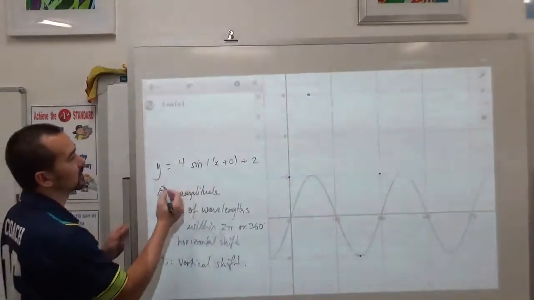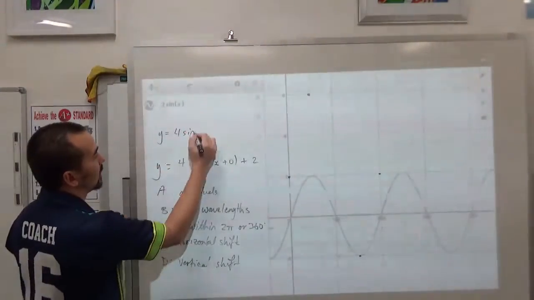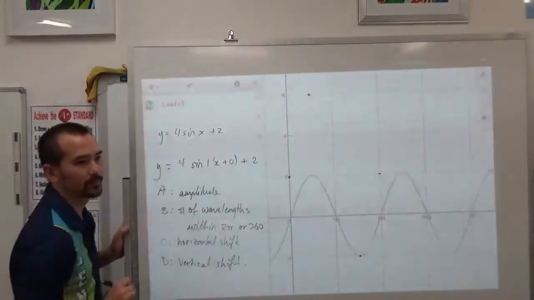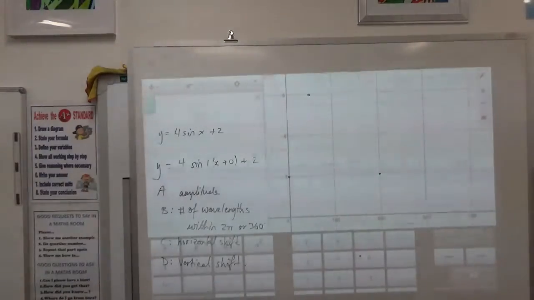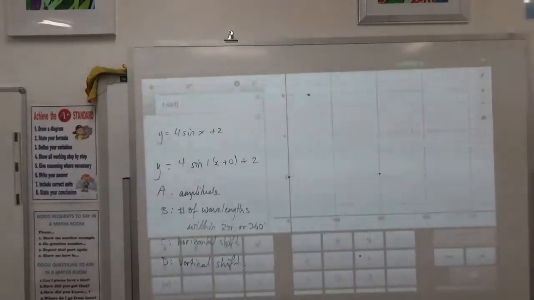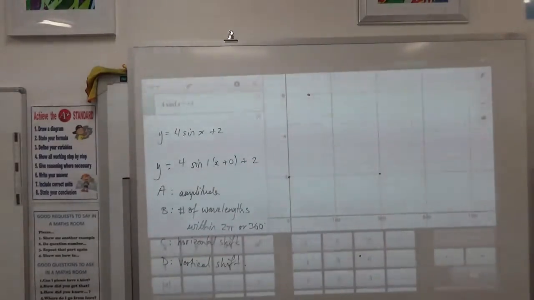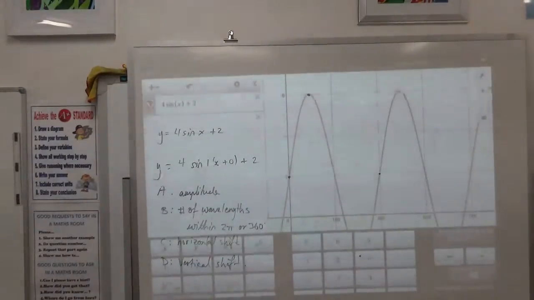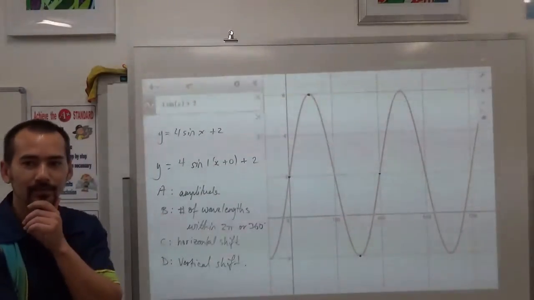Okay, so essentially this graph is y equals 4 sine x plus 2. Okay, so let's type that in. 4 sine x plus 2. And did we do it? Yes, we did. There we go.